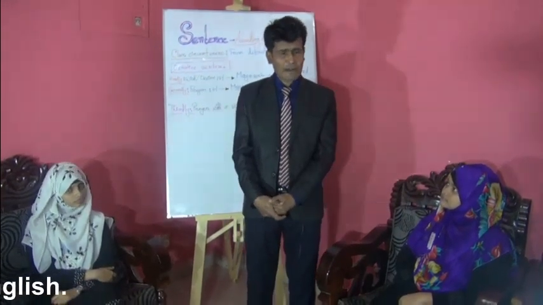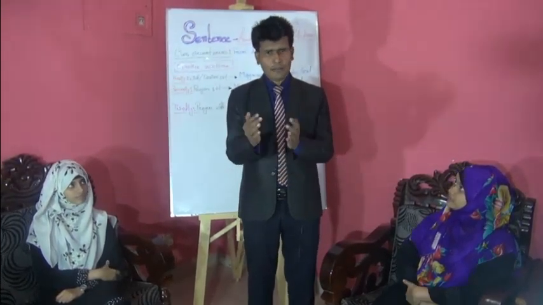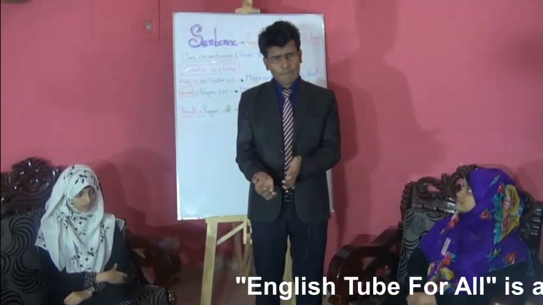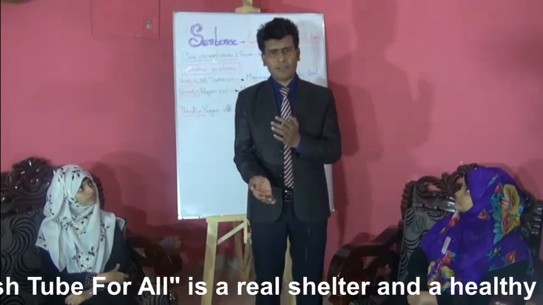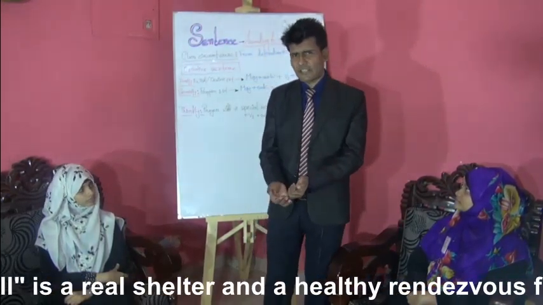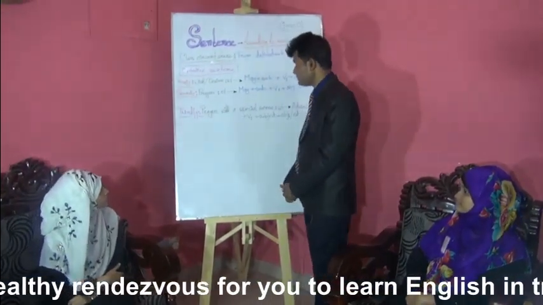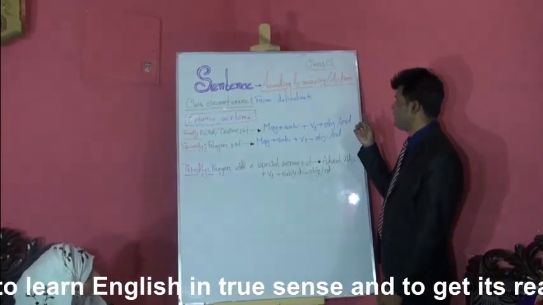So dear viewers, perhaps you are able to understand what an optative sentence is all about. Now, I would like to show you the same from my whiteboard to make it much more clear and comprehensible to you. Dear viewers, please look at the board. It is written over there, sentence according to meaning or action.